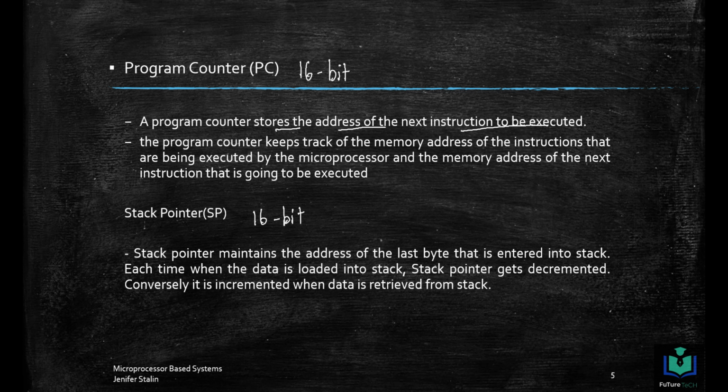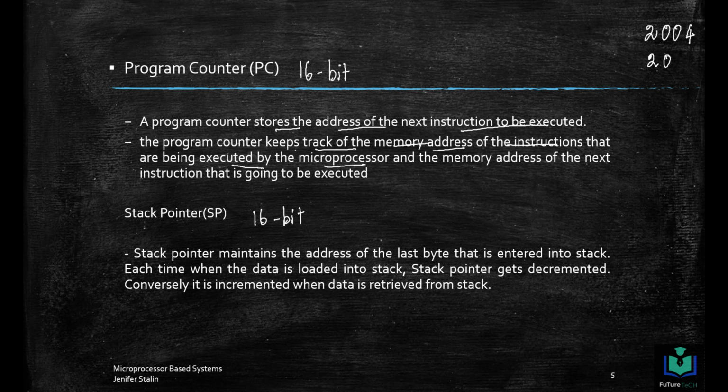So what does the program counter do? It keeps track of the memory address of the instruction that is being executed by the microprocessor, and the memory address of the next instruction that is going to be executed. For example, if the microprocessor is executing the address 2004, what would be the next address that should be executed by the microprocessor?